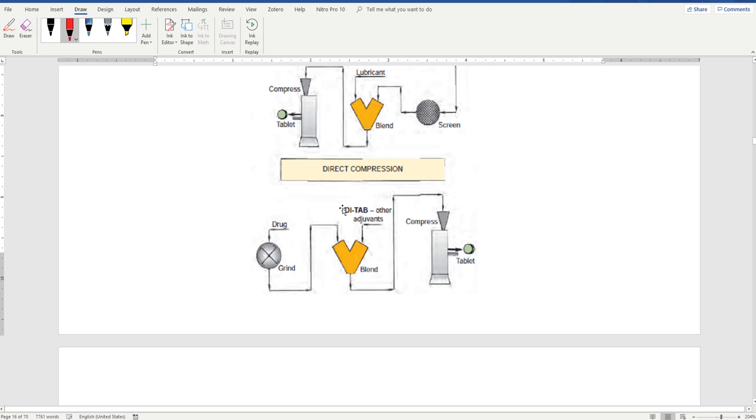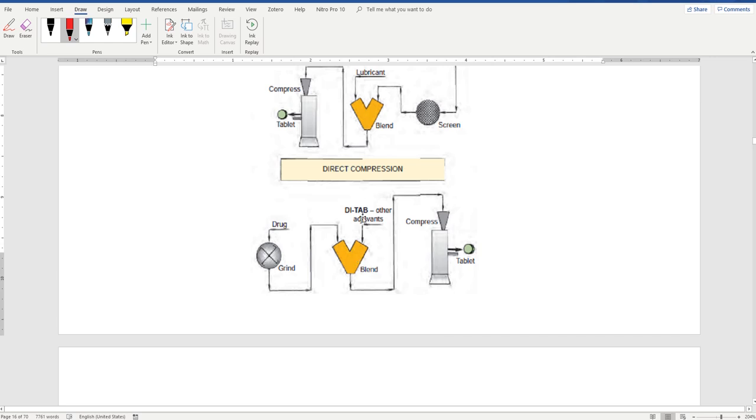This is a diluent that will help or will aid the formulation to be directly compressed. And this is actually a reason why we usually prefer granulation. We prefer granulation because granules are readily compressed because you will have a binder in the formulation.